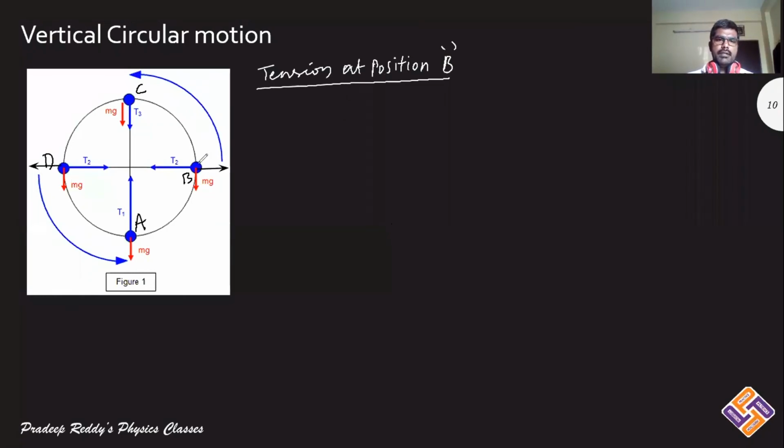Tension at B is T2 towards the center. Gravitational force is acting in the downward direction, and centrifugal force is in the outward direction.